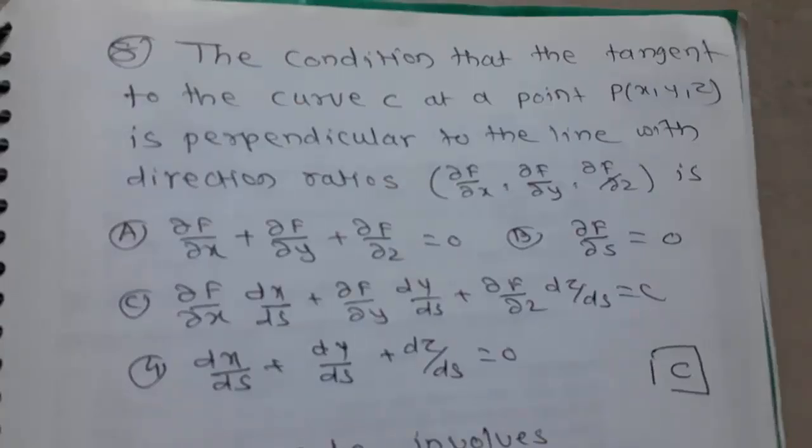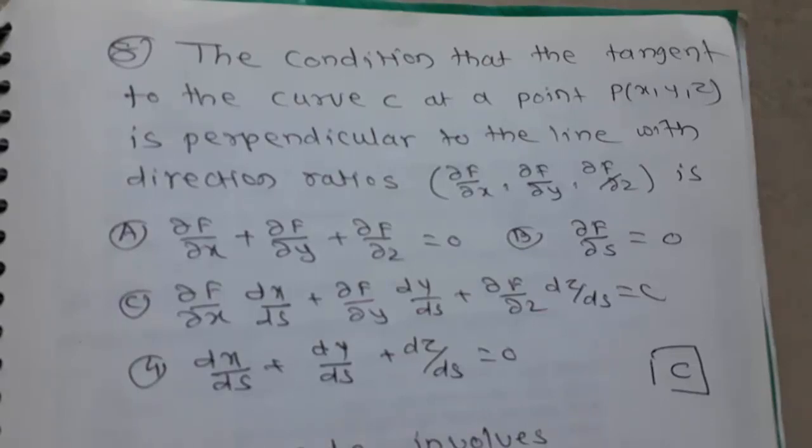Eighth problem: the condition that the tangent to the curve C at a point P(x, y, z) is perpendicular to the line with direction ratios dou f by dou x, dou f by dou y, dou f by dou z is.